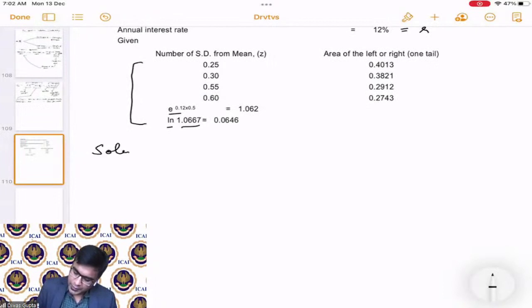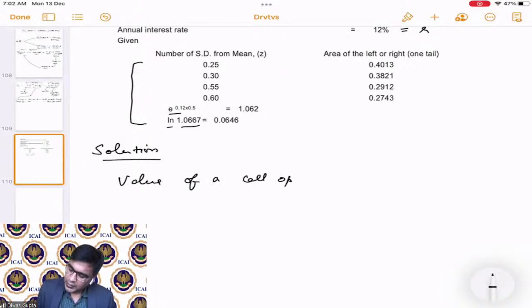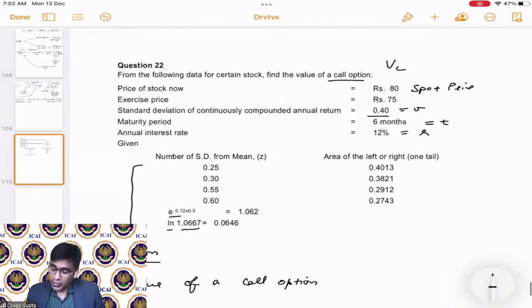So, solution: value of a call option. Now students, the question has not said that you have to use the Black-Scholes model, correct? But how have you identified that you need to use the Black-Scholes model? One is because in the binomial model, there is no use of standard deviation.